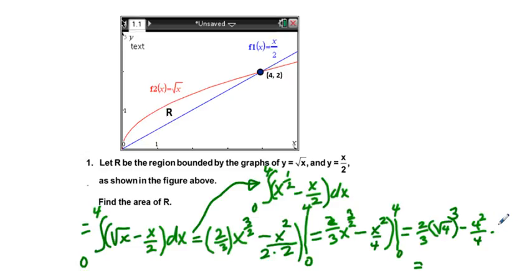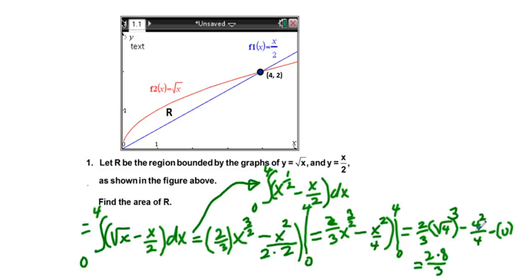And that's going to be equal to, and then minus the 0 times all this, which is just going to be minus 0, right? So what we have left is 2 times, what is the square root of 4? 2. Well, 2 cubed is 8, so we have 2 times 8 over 3.